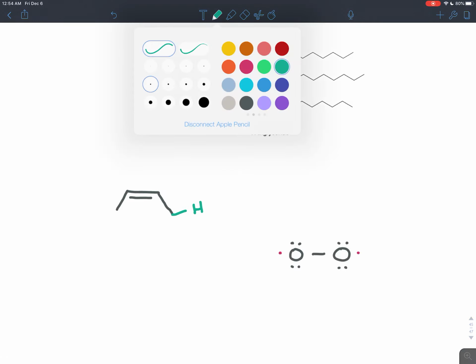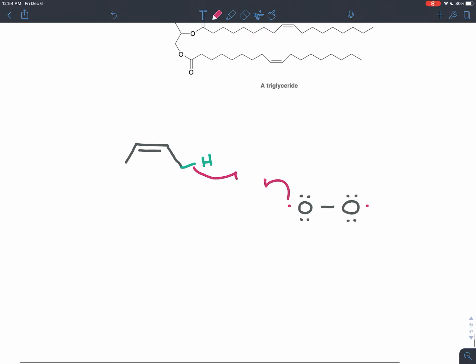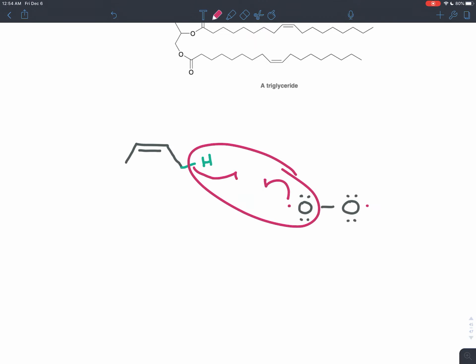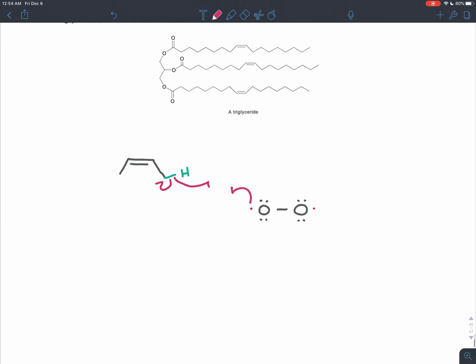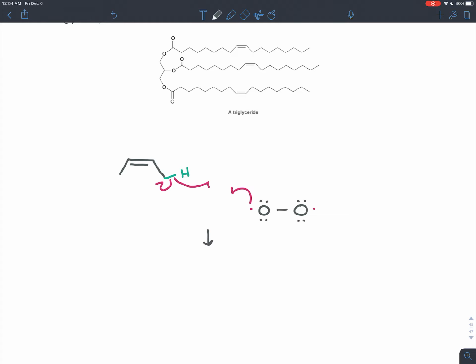When oxygen comes close, it rips the hydrogen off. It donates its 1 electron, steals an electron from the hydrogen, and so you're going to form a bond between these two, and the other electron in this bond to the hydrogen goes on to the allylic position to give you that resonance stabilized radical, allylic radical.